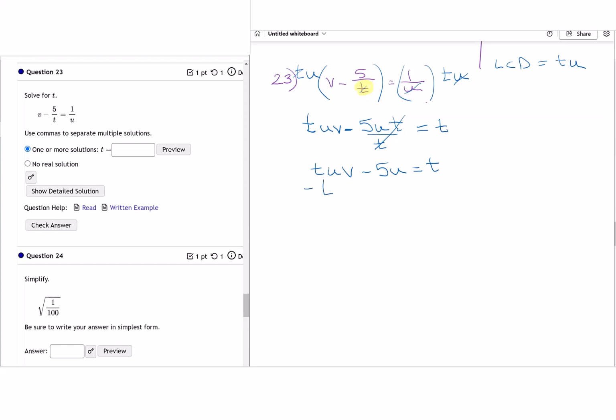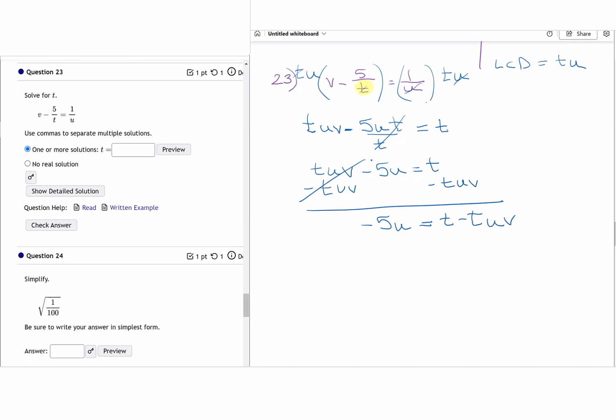I'm going to subtract TUV from both sides. This cancels and I get minus 5U equals T minus TUV.